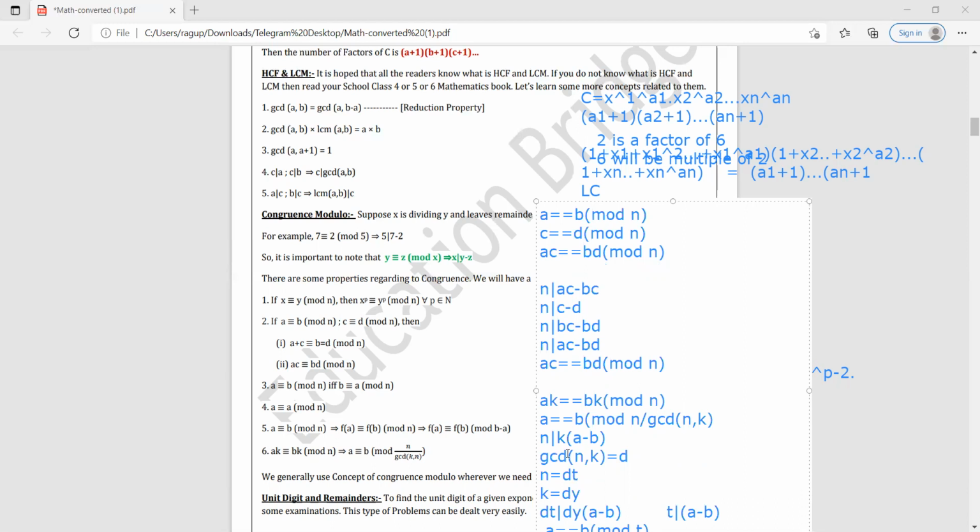Now you'll notice that t is basically n divided by GCD of n and K. So thus we have proved this property.